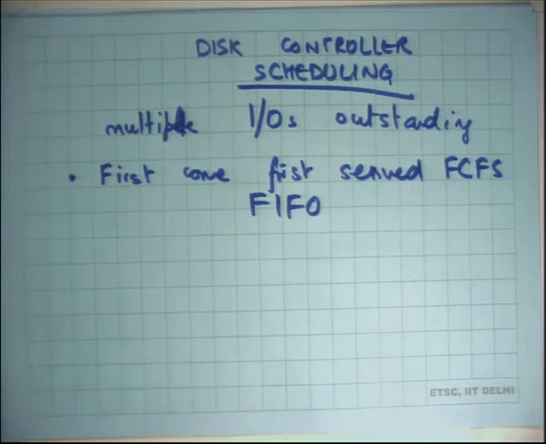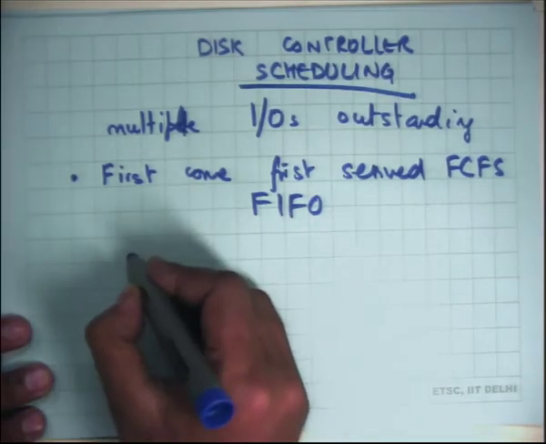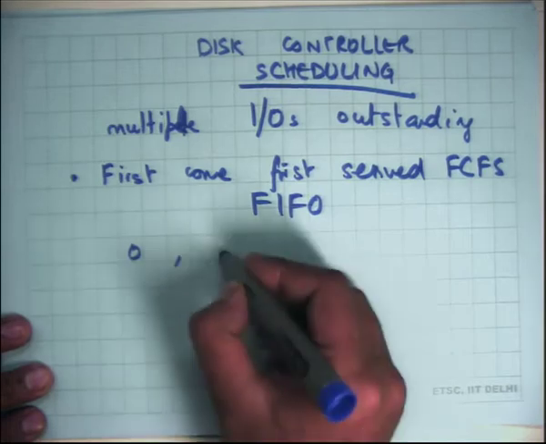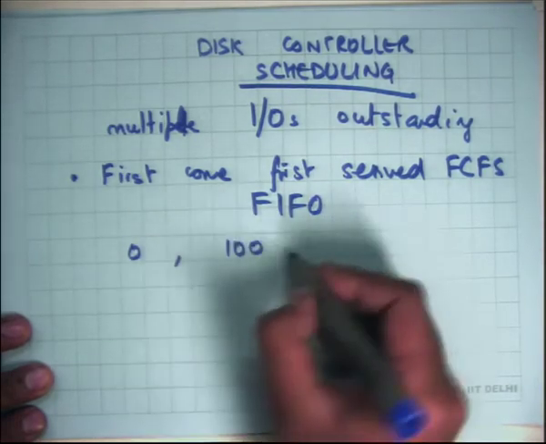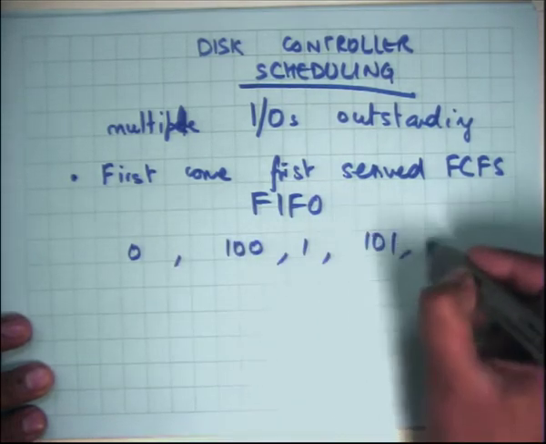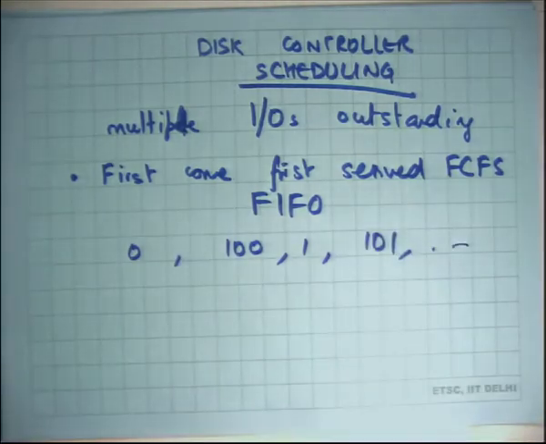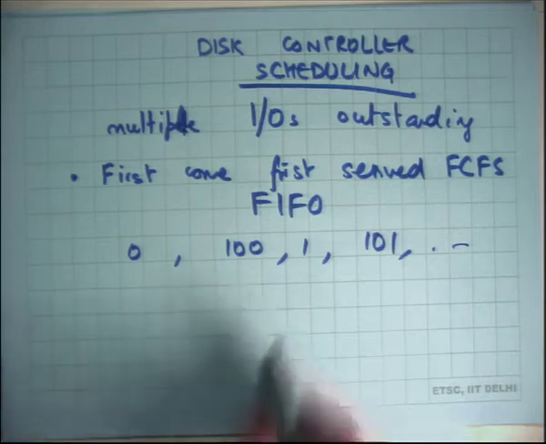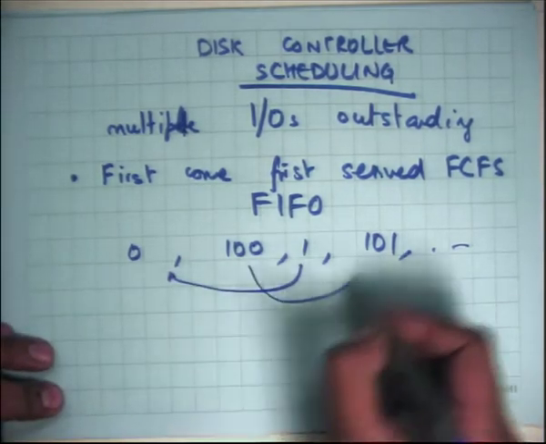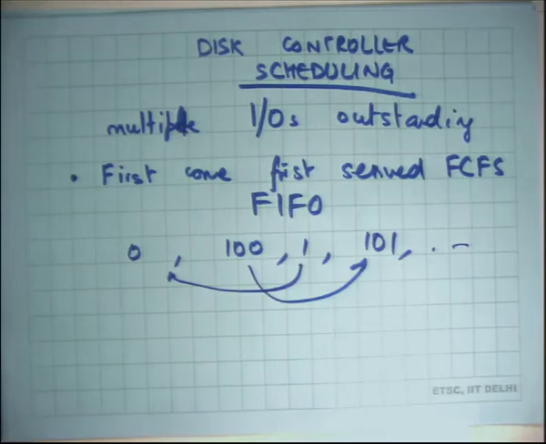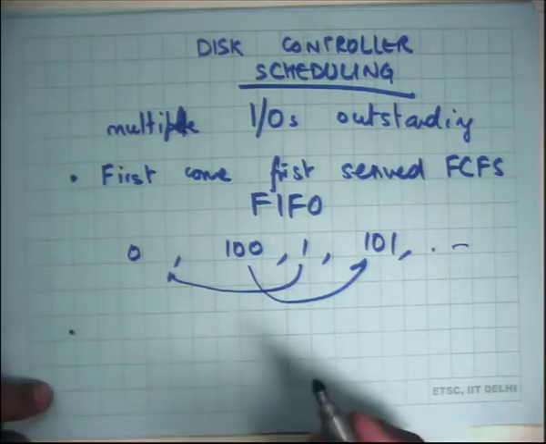Let's say there were alternate requests, one for track 0 and another for track 100, and then 1, then 101 and so on, then you're doing a lot of seeks, spending a lot of time doing seeks. The better thing would have been to do 0 and 1 together and 100 and 101 together. FIFO is fair, but it completely ignores location.